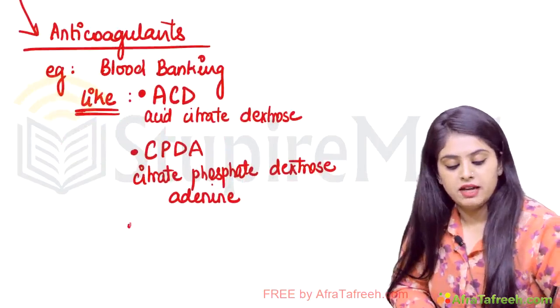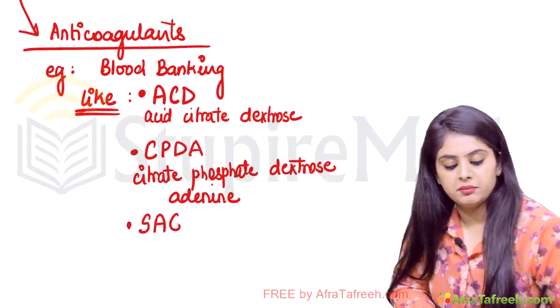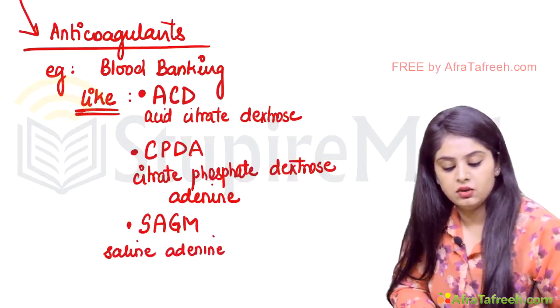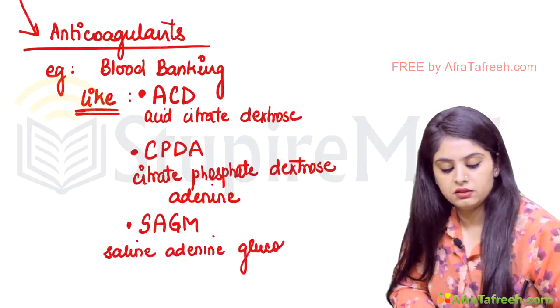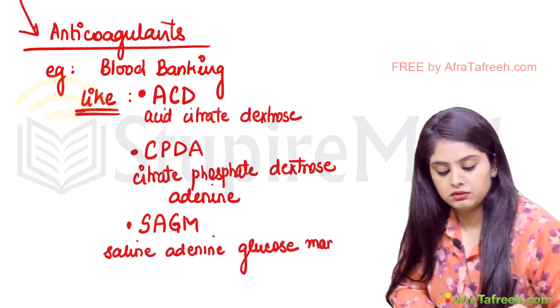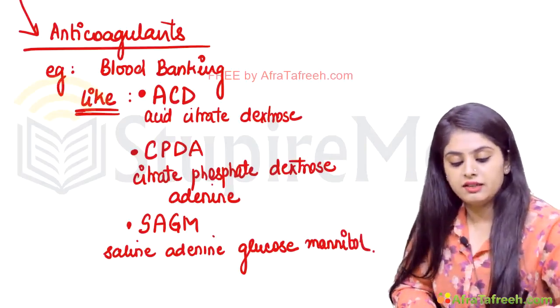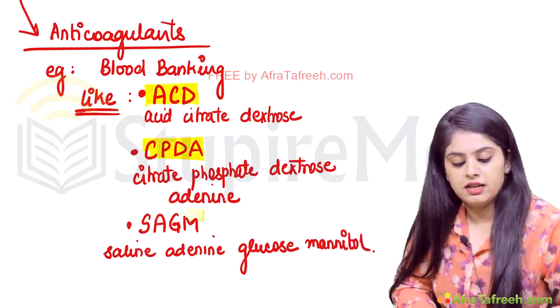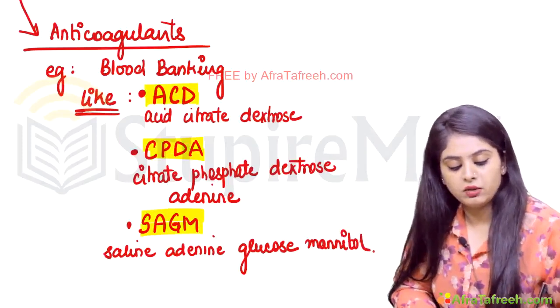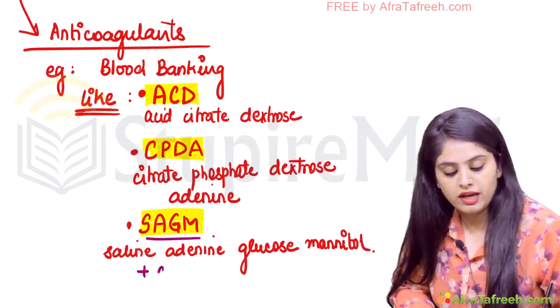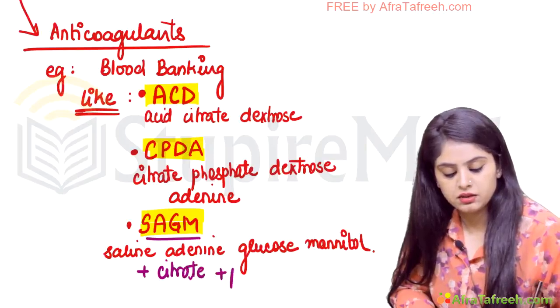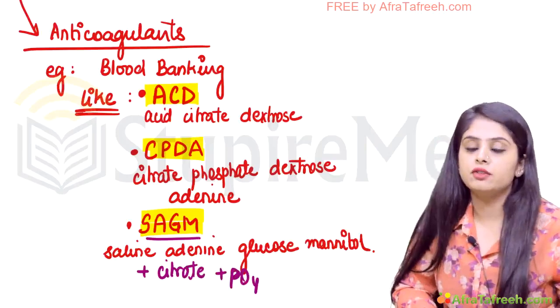And another one that we have is SAGM, that is saline adenine glucose mannitol. So these three are examples of anticoagulants, and although SAGM does not have it in its name, it also has citrate and phosphate.